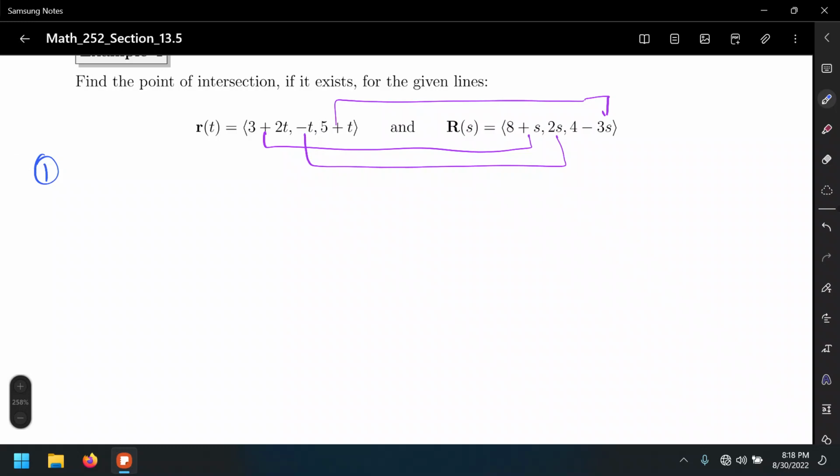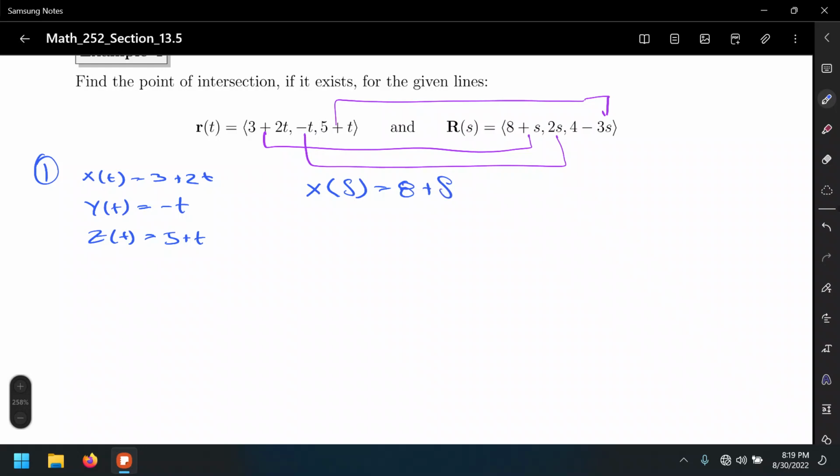So what do we have? x of t equals 3 plus 2t, y of t equals negative t, and z of t equals 5 plus t. On the other hand, let me write down right next to the equations for the second line, which is uppercase R, but in this case it's a function of s. I need to be very careful here because my 5s look like s's, so if there's anything unclear, let me know. x of s equals 8 plus s.